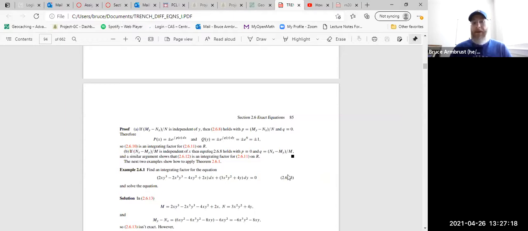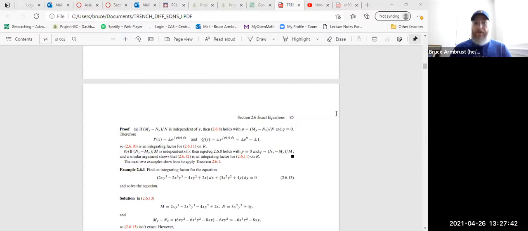But this one's not independent of y. It very much depends on y. So you've got to be careful. Just because one of the variables goes away, it doesn't necessarily mean that the one you needed to go away went away. So unfortunately, that one's not going to work for us.